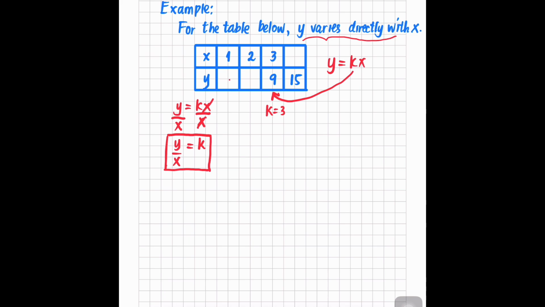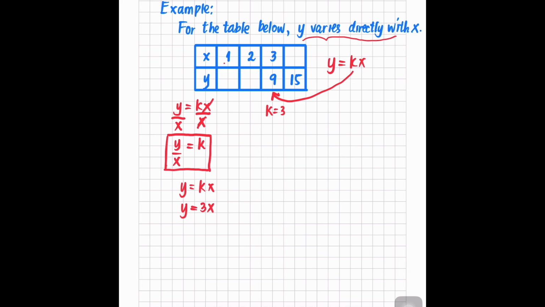So if the value of x is 3, y is 9. Now, if the value of x is 1, what will be the value of y? So we can always go back to the equation y equals kx, since we were able to find the value of k, which is 3, the equation that we will be using is y equals 3x. So we just simply replace k by 3, which was the value that we got for k.